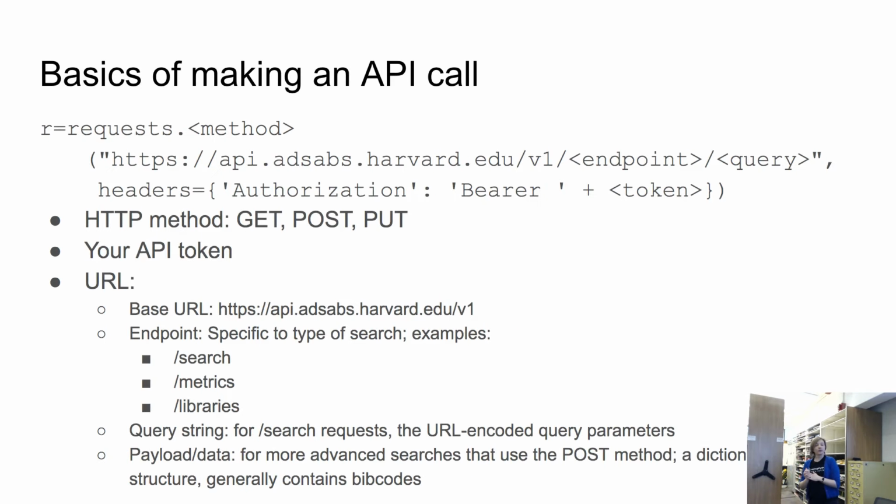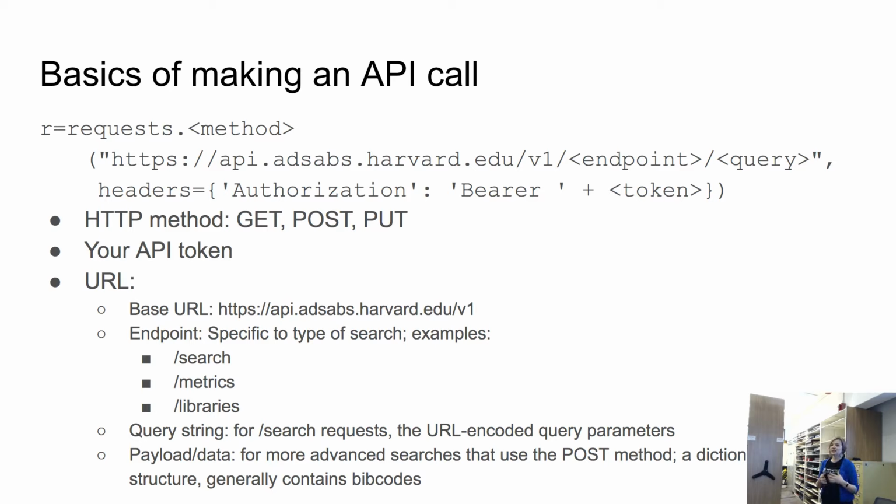Okay, and before we get into examples, I want to talk a little bit about the basics of making an API call. Up the top, I have a very simple Python request, but with stuff not filled in yet. The way you make the request, you have requests, which is the package, the library that you're referring to, and then .method. That .method is an HTTP method.